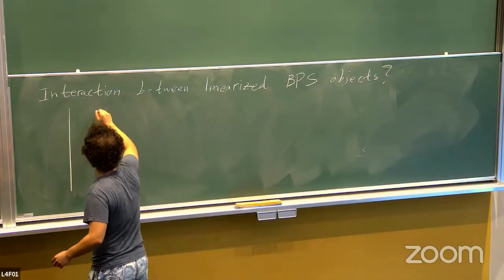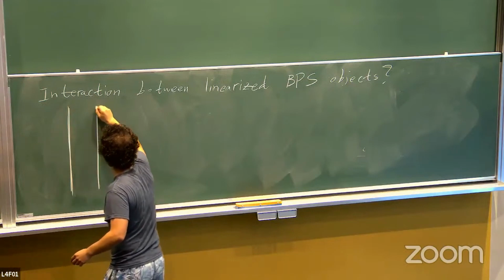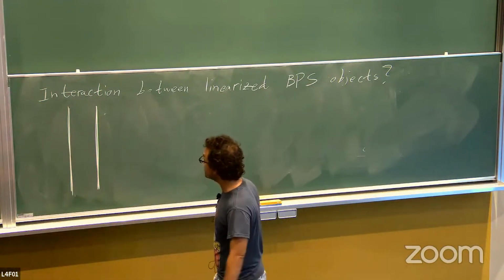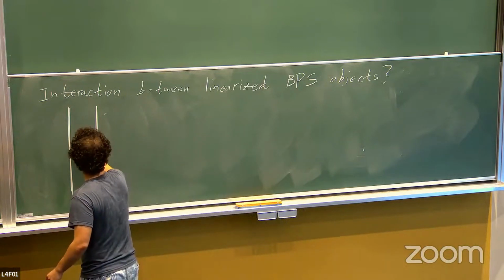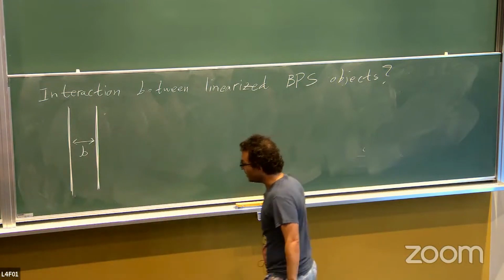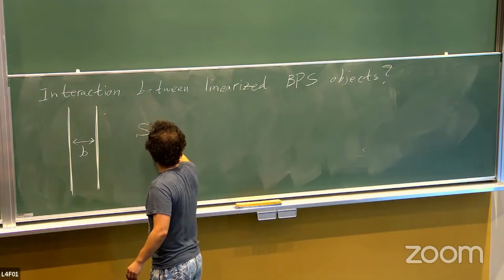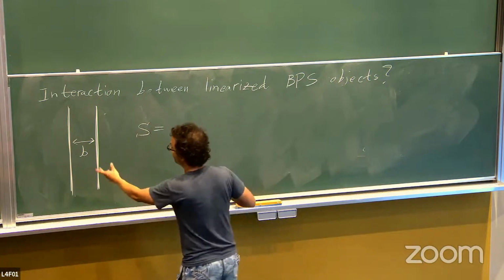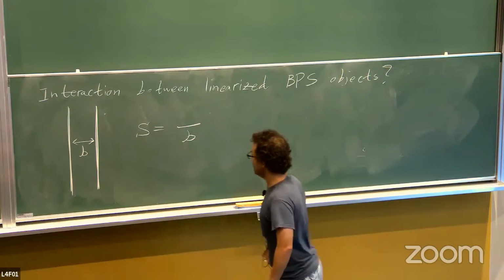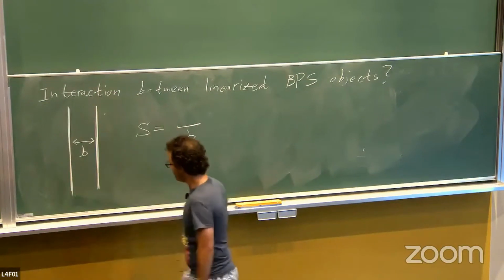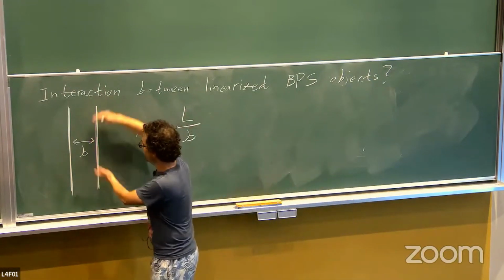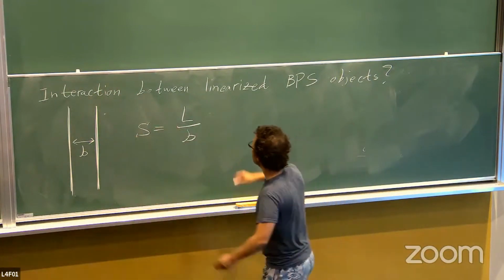So in particular in Minkowski, we can look at the simplest case of parallel world lines at rest with some distance b between them. And then we, of course, find that the action is proportional to 1 over b, since all the potential energies go as 1 over b. The action involves a time integral, so it will be proportional to the infrared cutoff, how long a time we are looking at.